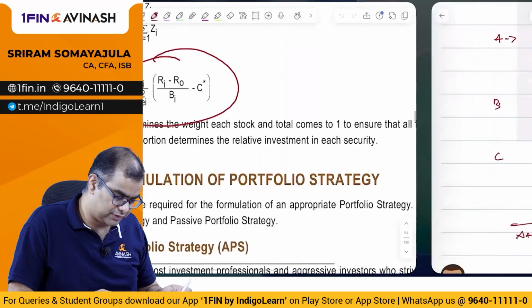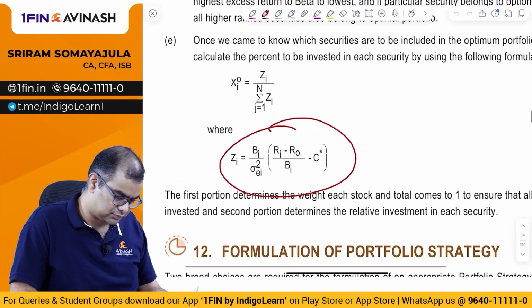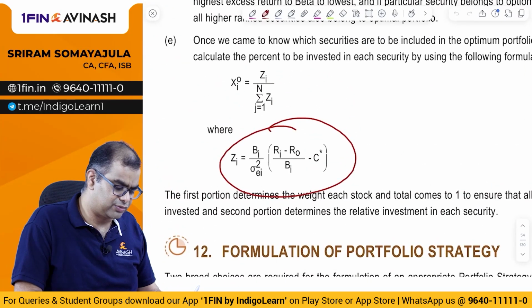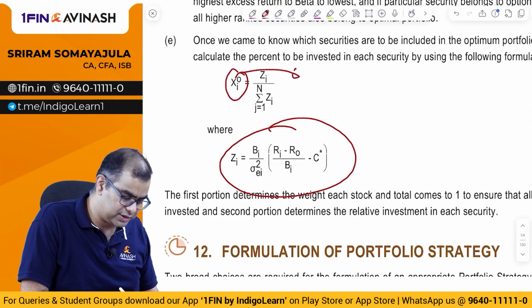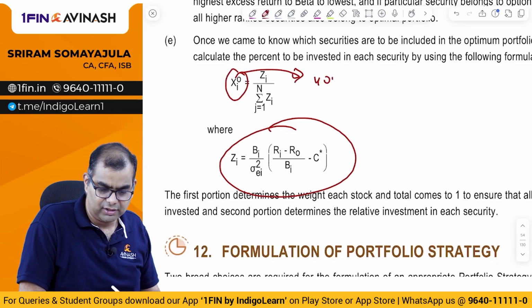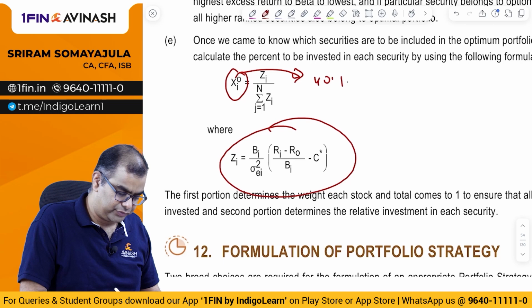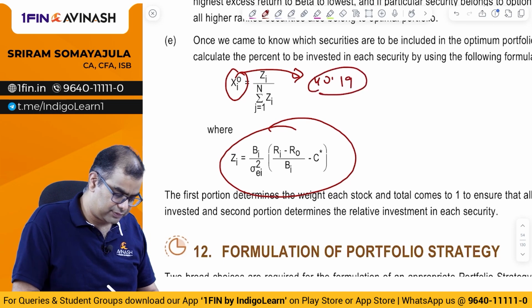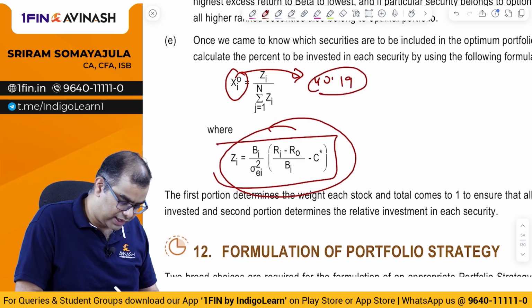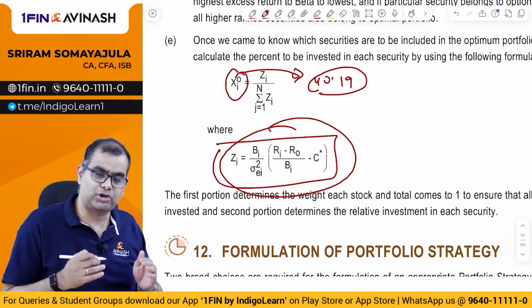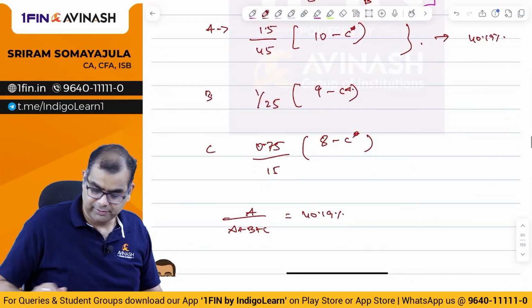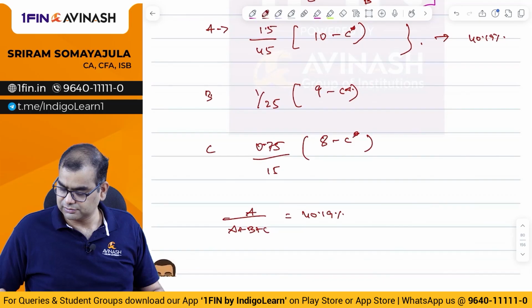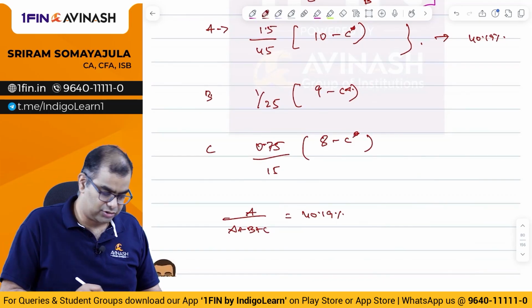If you come back to look at the formula, it is simply the weight of each one divided by the total. This 40.19 is for A, whatever is the Zi, divided by total of all Zi for all three, A, B and C. So, 1.5 by 45, 0.03.